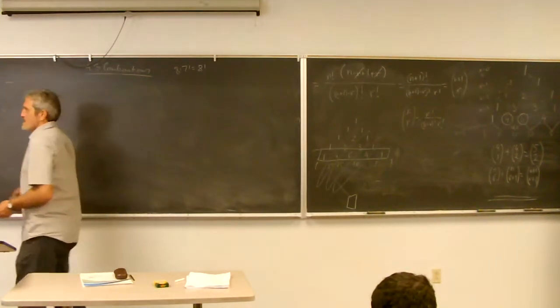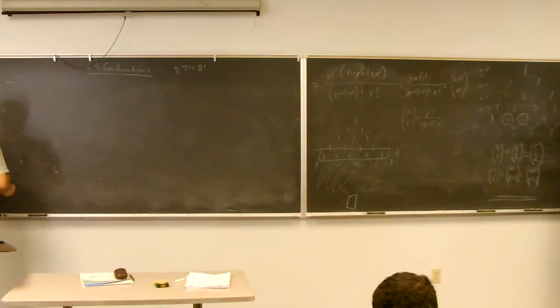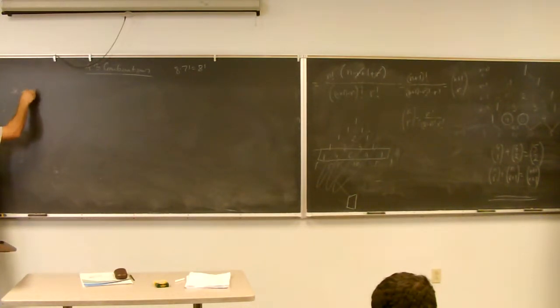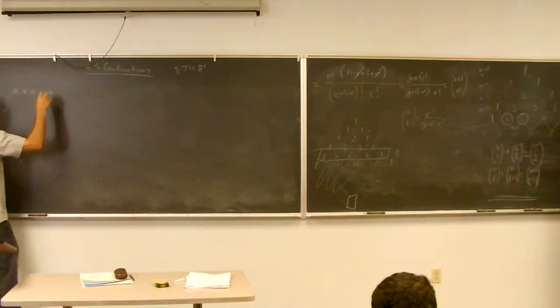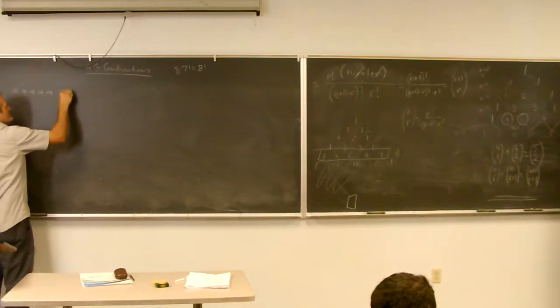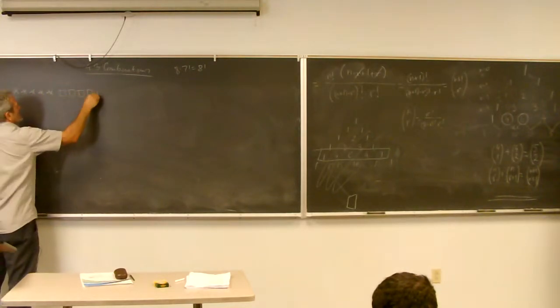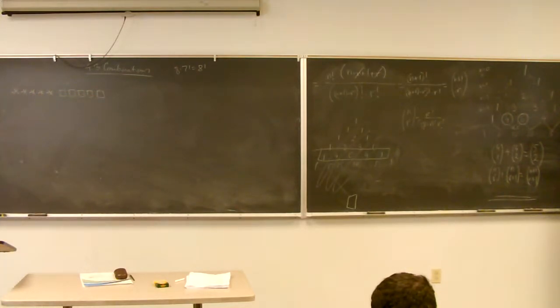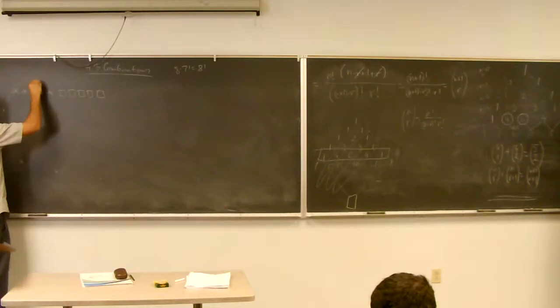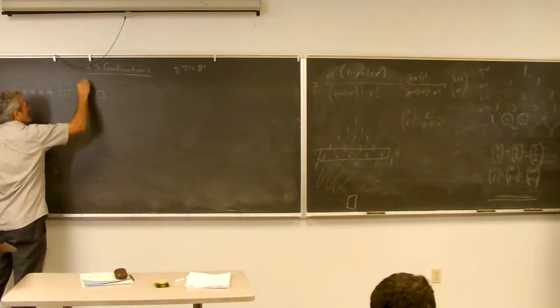So, suppose I have n stars and n squares: 1, 2, 3, 4, 5, and 1, 2, 3, 4, 5. So n stars and n squares.